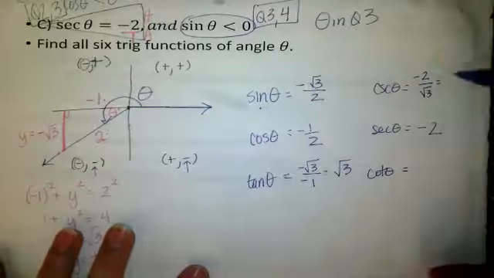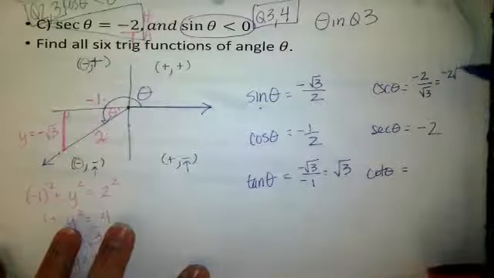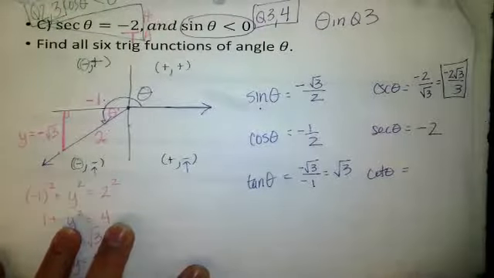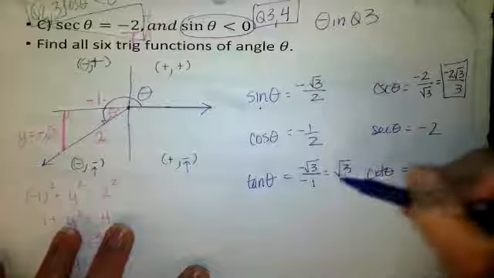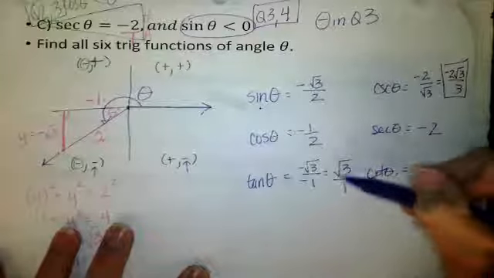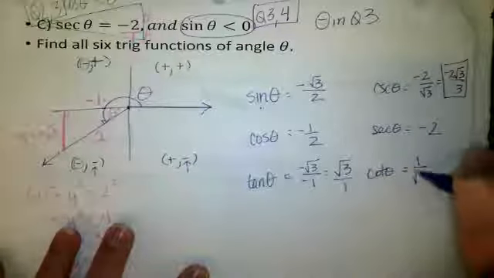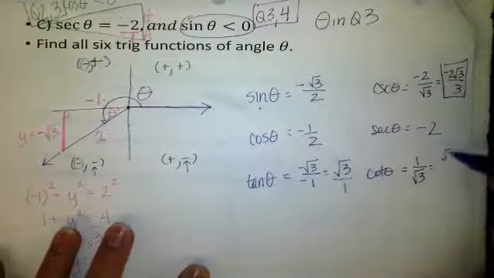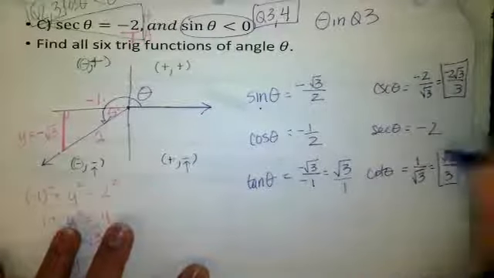Rationalize, which would be what? Good. Negative 2 radical 3 over 3. Cotangent. I can flip it over pretty easily. 1 over radical 3, but we rationalize to get radical 3 over 3. Very good.